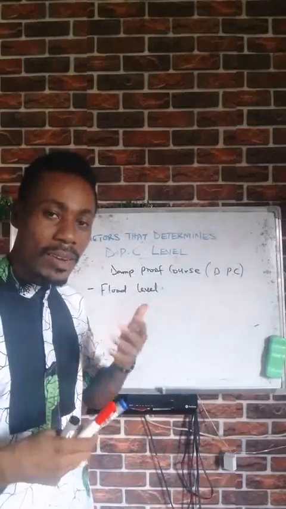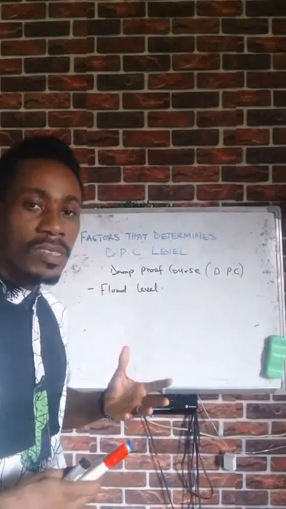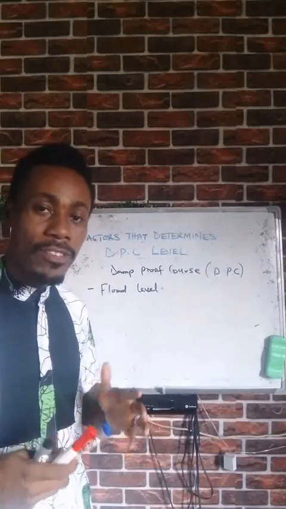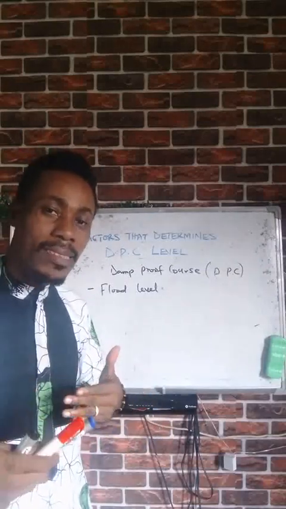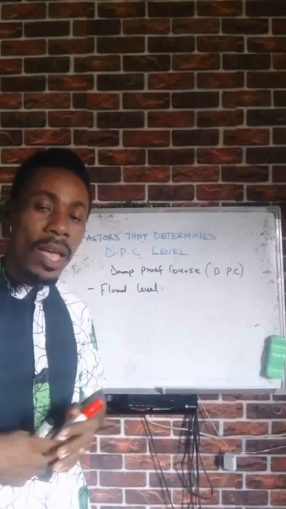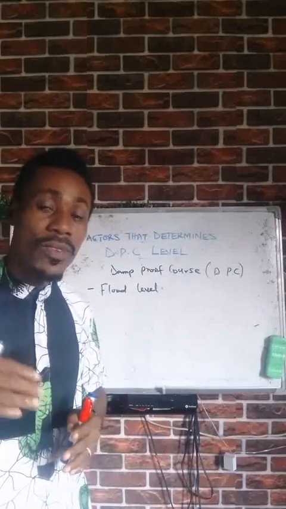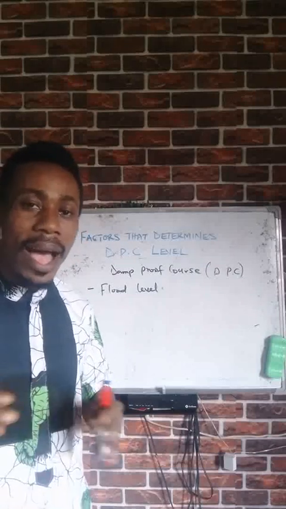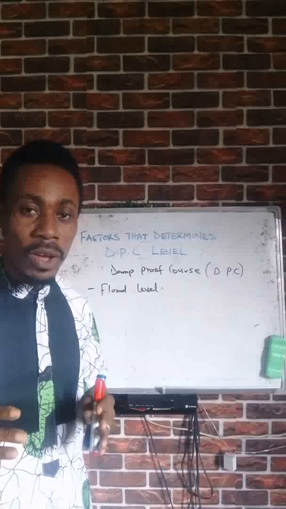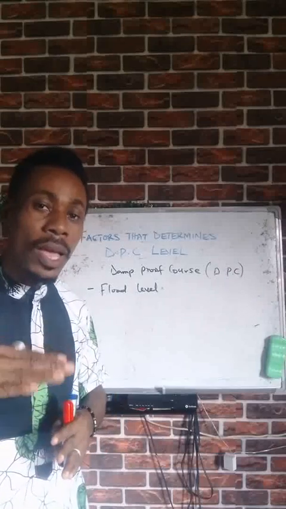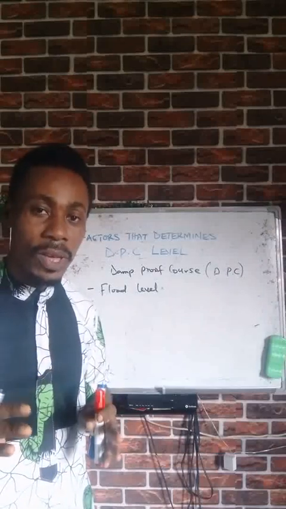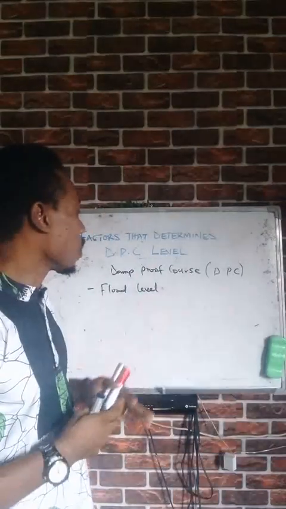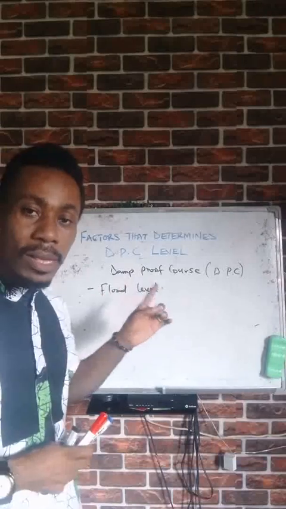We take studies of previous flood levels within that location, so we try to get a sufficient or good height that, even at worst condition, that building will not have that flooding issue. So flood level is one of the factors that will determine the level of our DPC.